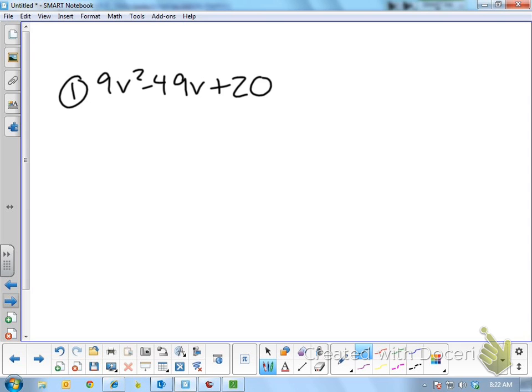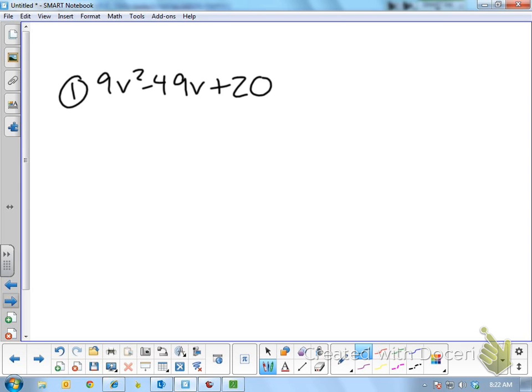That's very important that you read the instructions. What does it ask you to do? Classify by degree and number of terms. I did not ask you to factor. This problem is much easier because all I'm asking you to do is classify. Tell me if it's first, second, third, fourth, fifth degree, whatever degree it happens to be. Tell me how many terms there are.